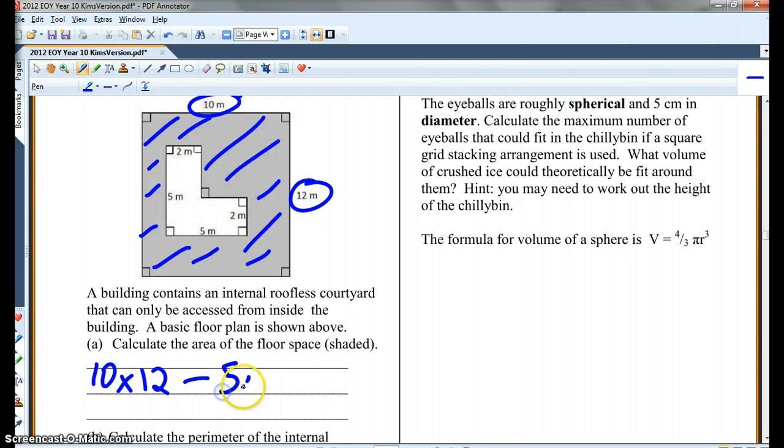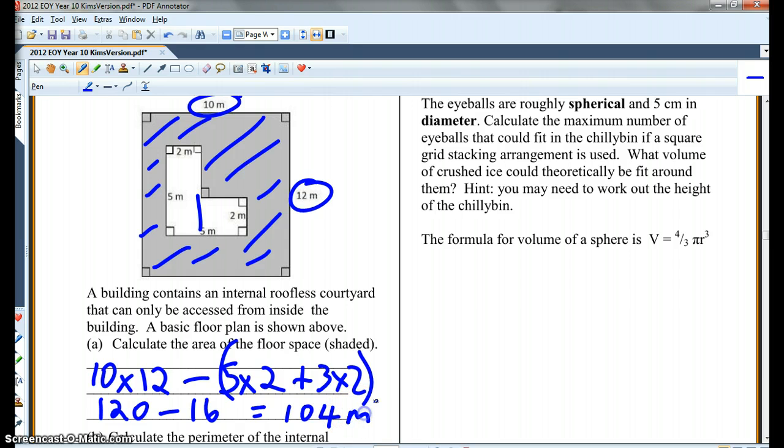So that's minus 5 times 2 and 3 times 2. Okay, so that's cool. So that's going to be 120 less 10 plus 6 is 16. So that's going to be 104 meters squared. Okay.